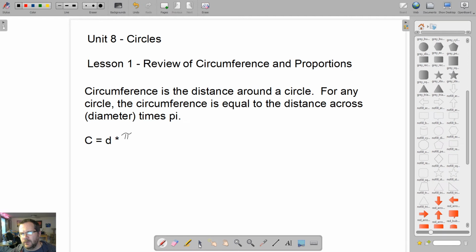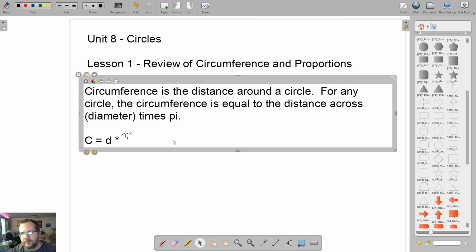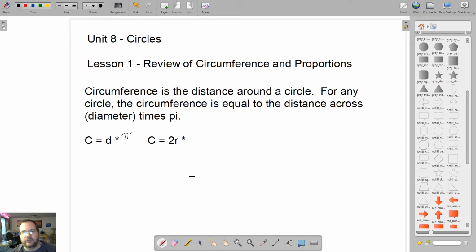The other way that you will usually see it is that circumference is equal to 2 times the radius times pi. I don't like writing it this way, and I don't like teaching it this way, but I'll go over it just to make sure that you are comfortable with it, because I think it's better for you to remember it as diameter times pi.